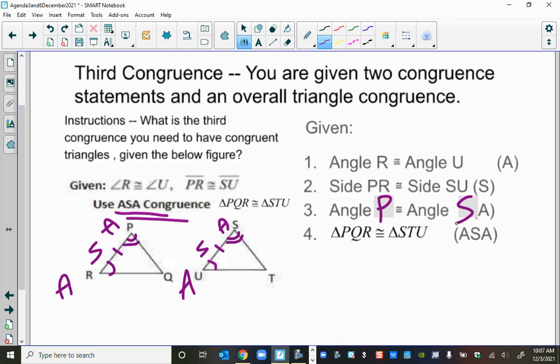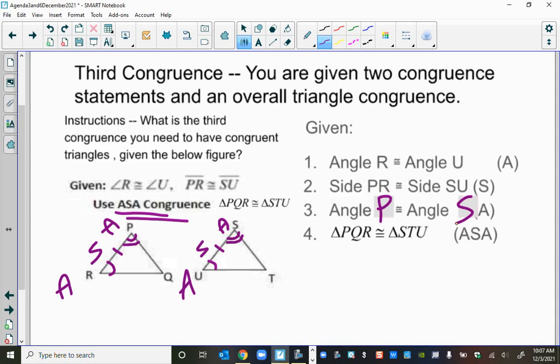Okay, be careful. So you also have to look at what we need to fill in each of these problems. So this first one was for an angle side angle. You're given an angle, you're given a side. You have to give me that other angle.